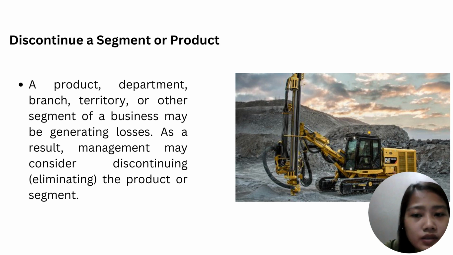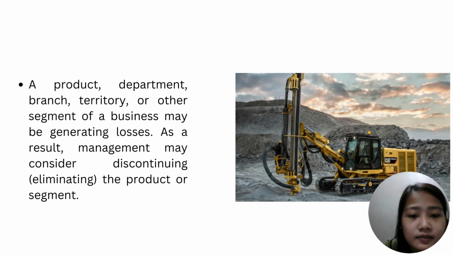Discontinue a segment or product. A product, department, branch, territory, or other segment of a business may be generating losses. As a result, management may consider discontinuing or eliminating the product or segment.